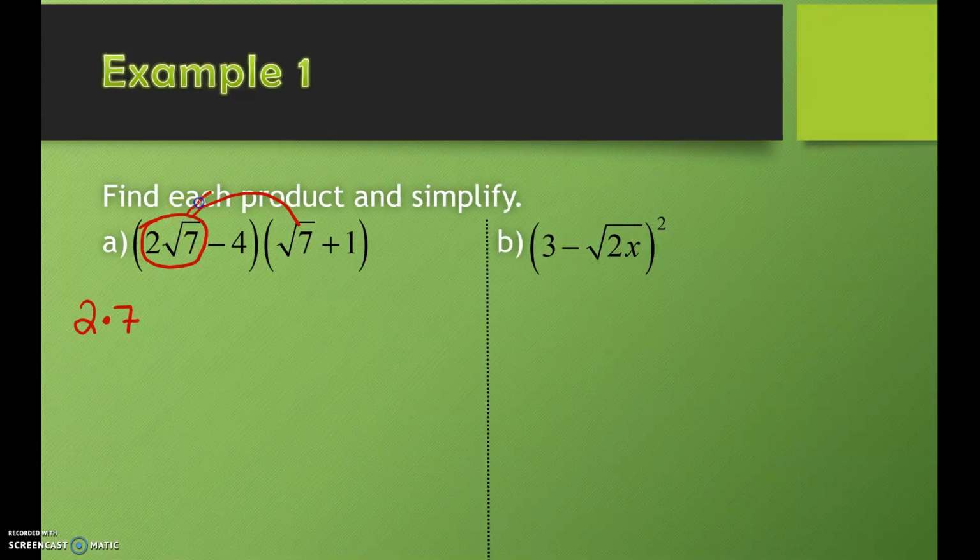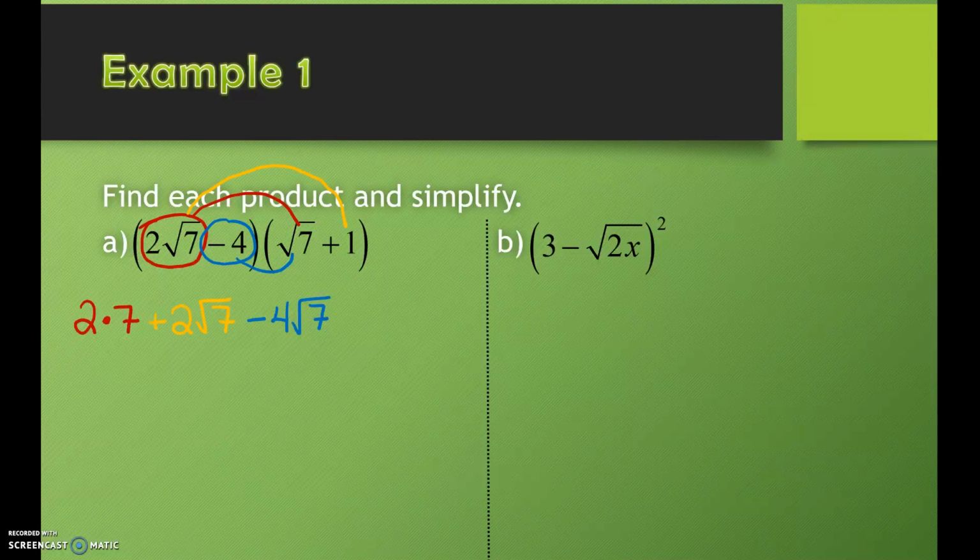Next, we've got 2 square root of 7. I wanted that to be orange, not red. Come on now, pens. Work with me. 2 square root of 7 times 1 is 2 square root of 7. Next, we've got negative 4 times the square root of 7. You can't combine those, so you just write them next to each other.